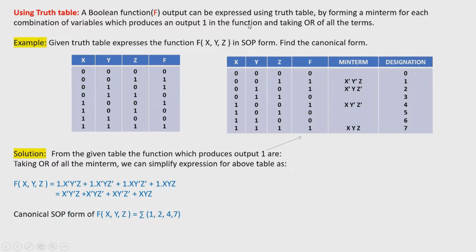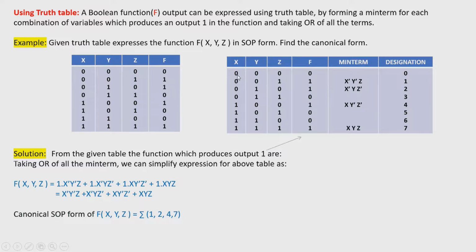Right, and then taking OR of all the terms, all the combination of the minterms you OR it. So in this case the answer is, here you can see that first you find the minterm of that where the function output is 1. So in terms of the minterm, wherever the value of the literal is 0, you complement that.